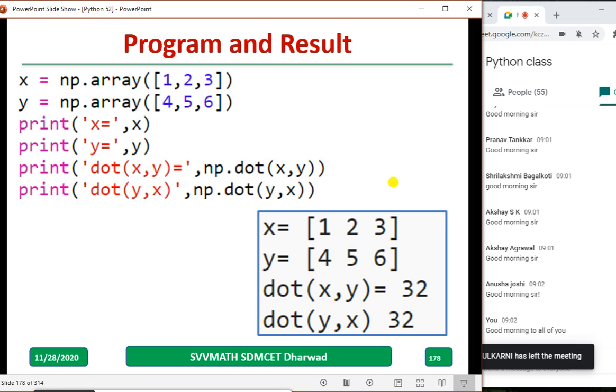Hope all of you have copied just np dot dot of x comma y, np dot dot of y comma x, and you can check the result.